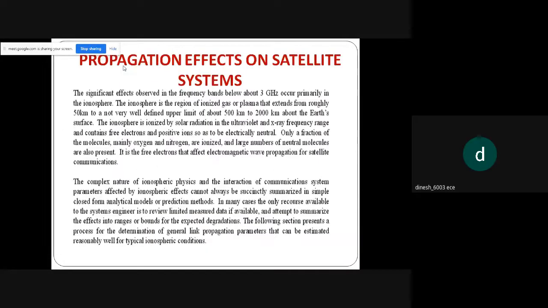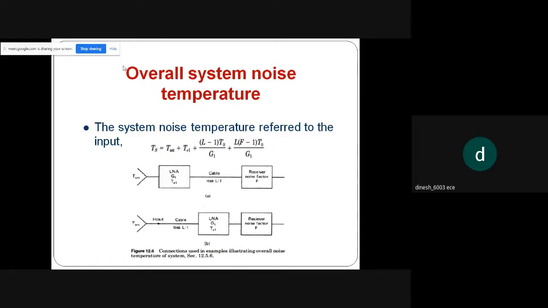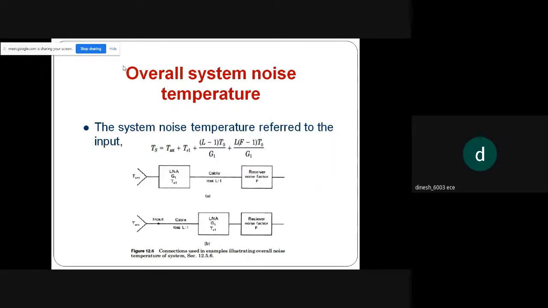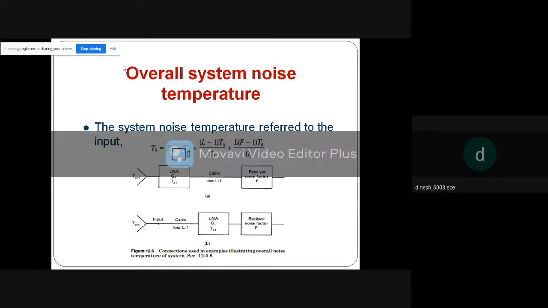Now let us see the overall system's noise temperature. The overall system temperature Ts is equal to T antenna, the transmitting antenna losses, plus T_E1, plus (L minus 1) T naught divided by G1, plus L (F minus 1) T naught by G1.